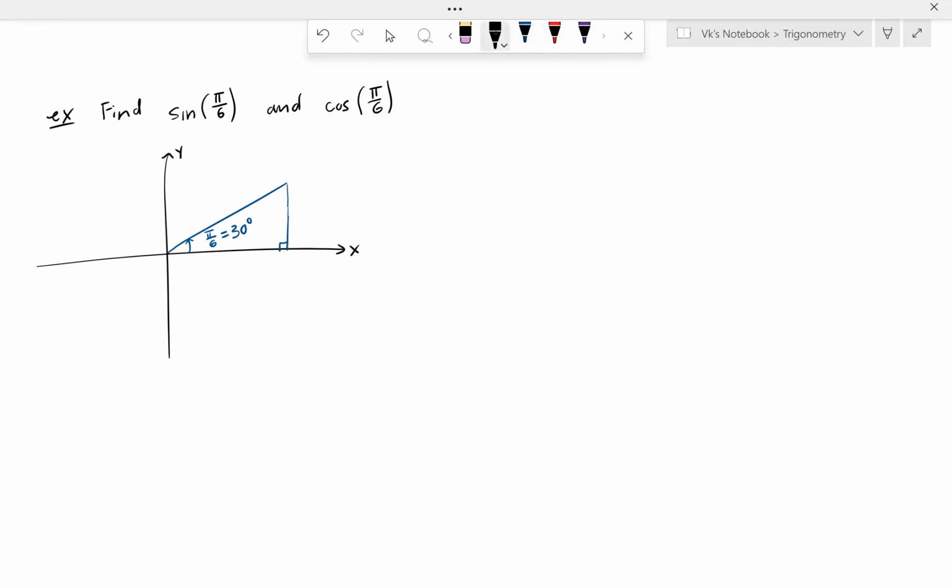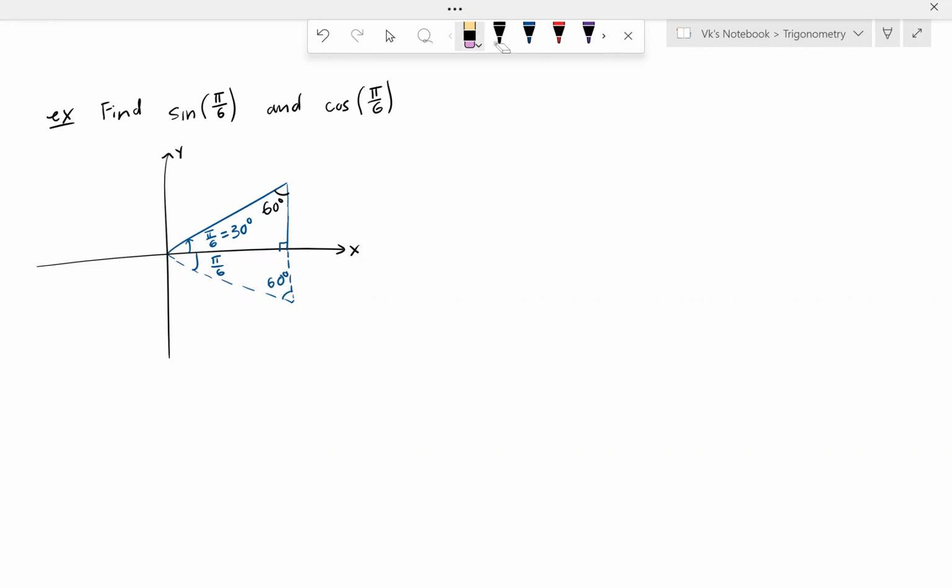If that angle is 30 degrees, then this one is 60 degrees. We can draw another right triangle down here. This is also pi over 6, and that is 60 degrees.